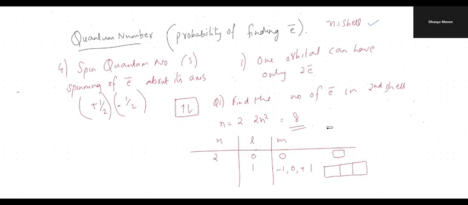Now, each orbital can accommodate how many electrons? 2 electrons. So I'm drawing one with spin plus half, one with spin minus half. Here also, plus half, minus half, plus half, minus half, plus half, minus half. So total, how many electrons are there? Here, 2 electrons. Here, 1, 2, 3, 4, 5, 6. So total, 8 electrons. So we can find it with the shortcut method and also this method.